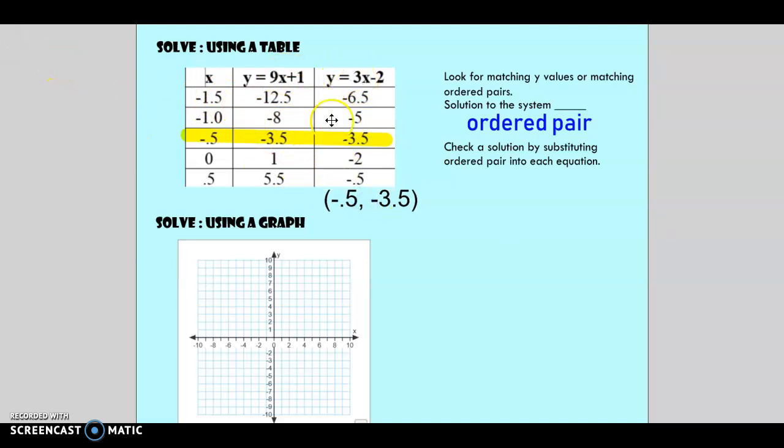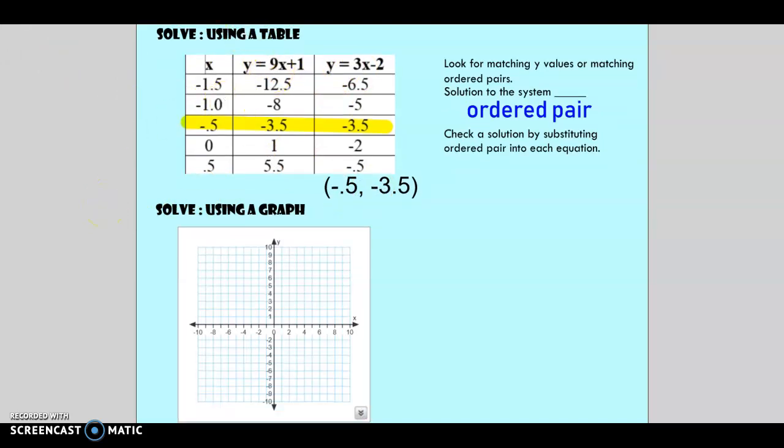Since these are both lines, we could actually look at the visual of that and we could graph it. If I look at y equals 9x plus 1, I start at my y-intercept of 1 and then a slope of 9, that would be up 9 over 1 or down 9 over 1. That would give me a line that is very steep.